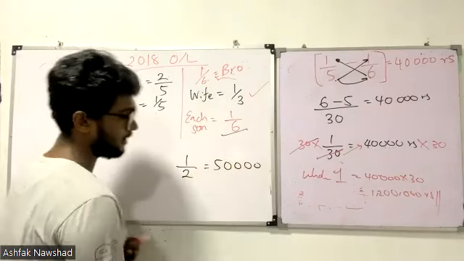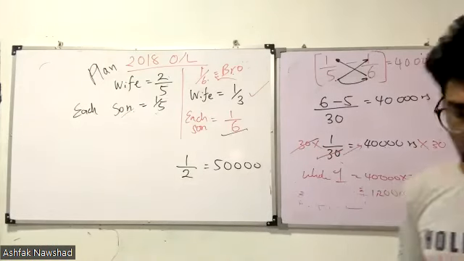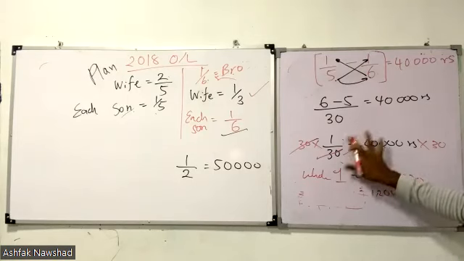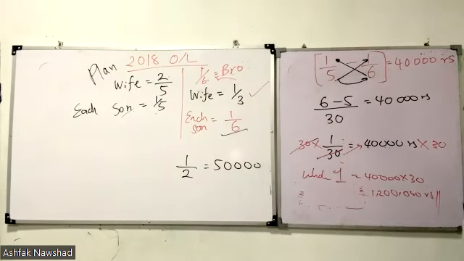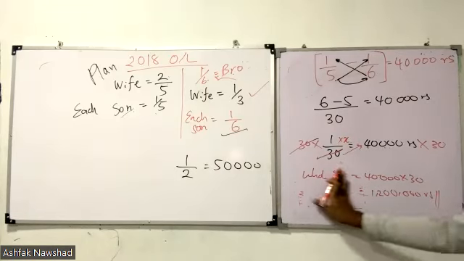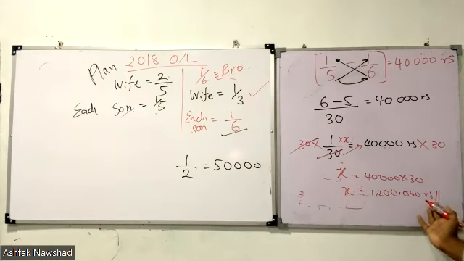What is the total amount of money? You can multiply this by x if you need it. The total amount is unknown, so you can keep x here.